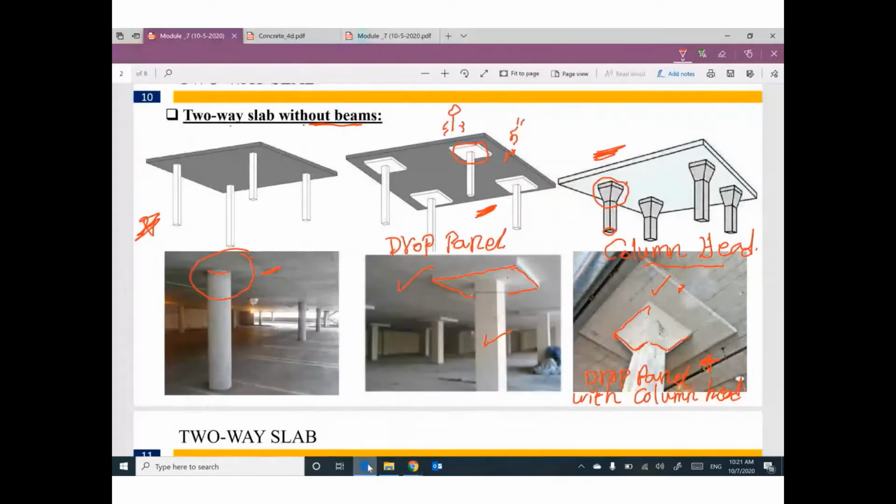In real life, if you are watching something like this, it's a flat slab or two-way slab without beams, but we have drop panel. If you are watching something like this, we have column head or column head with drop panel. But most of these slabs will be like this, just a slab resting on columns.